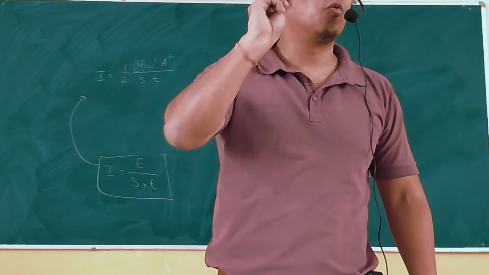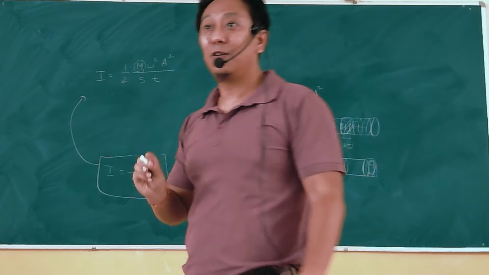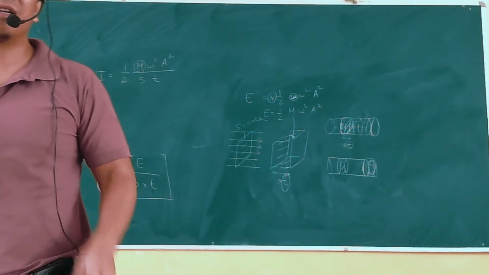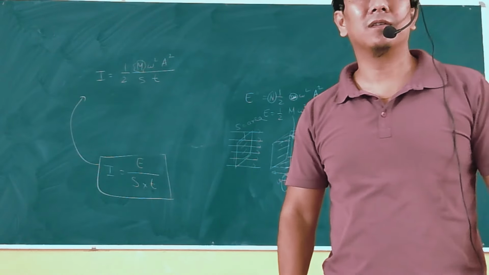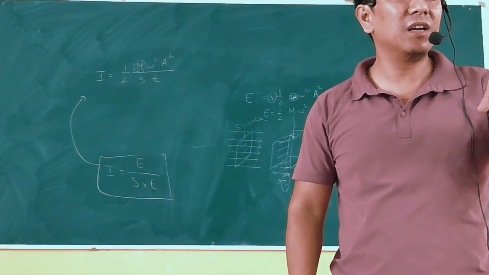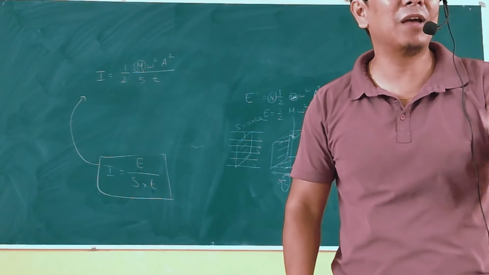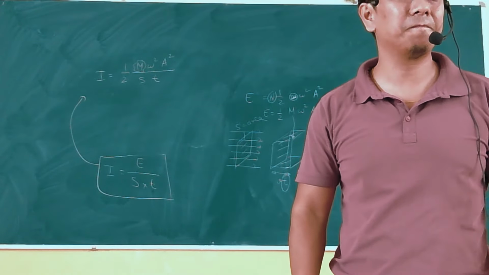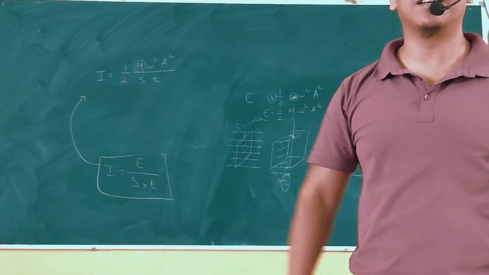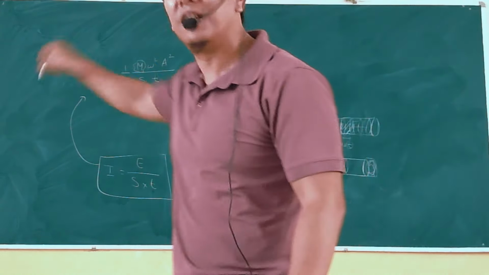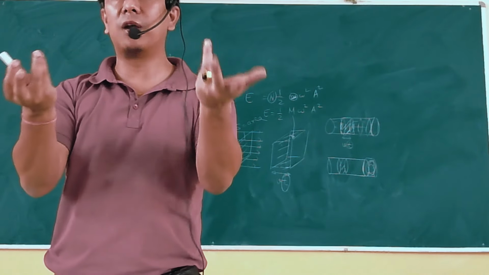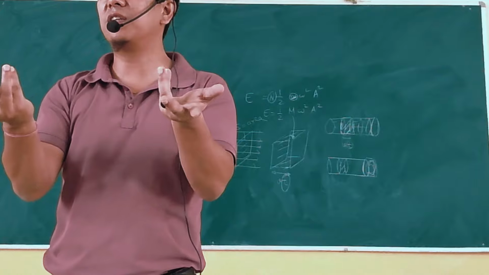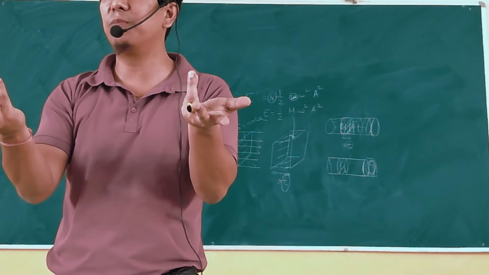Now tell me, which physical quantity determines which medium it is? Mediums are usually characterized by density. So we want to write in terms of density, because density is the same for a given medium. Air density will be 1.293, water's density will be 1000 kg per meter cube.